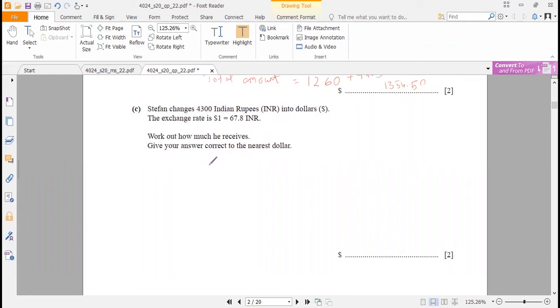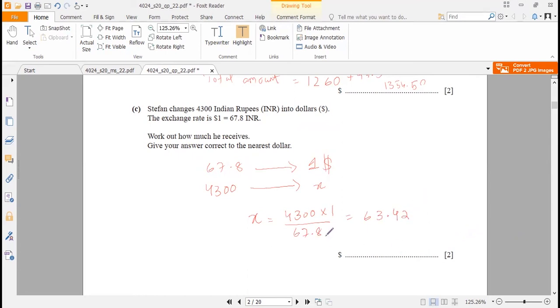67.8 INR is equal to $1. So if we have 4,300 INR, it will be equal to X, which we have to find. By cross multiplication, it will be 4,300 multiplied by 1 upon 67.8. So your result will be 63.42.